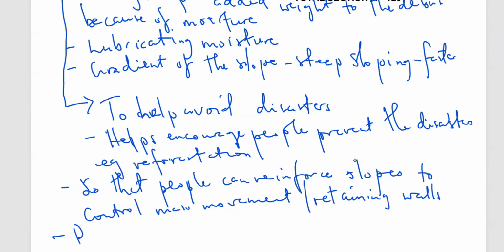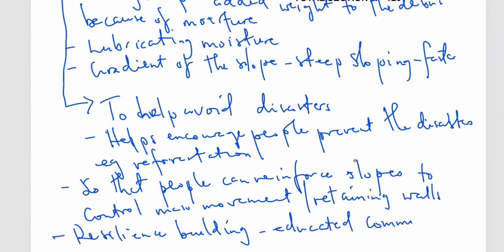And also we can talk of resilience building. We build resilience amongst the people. If communities are educated, we're talking of educated communities here, they know the consequences, are better equipped.